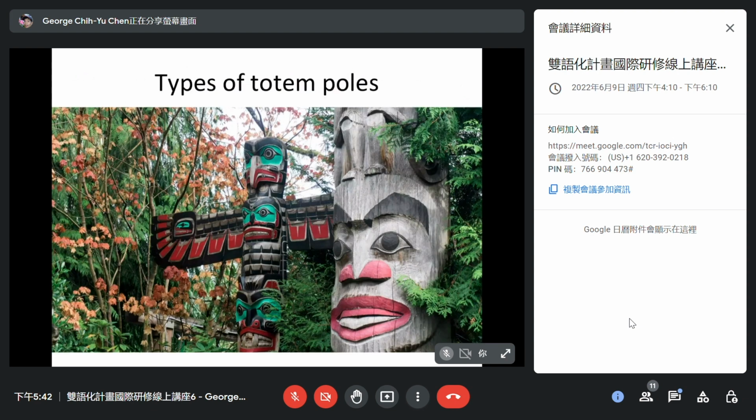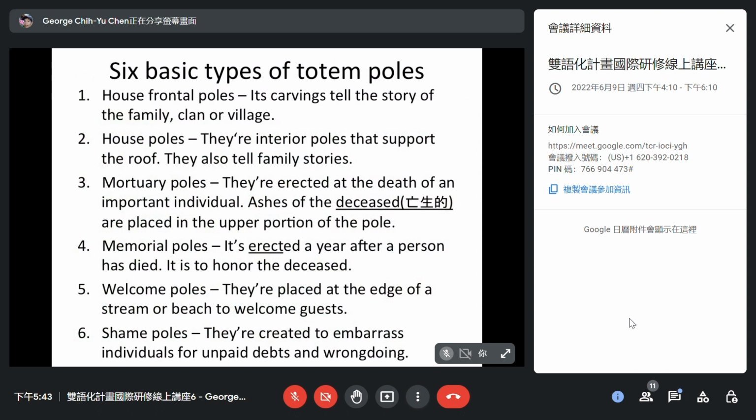Next, we'll see types of totem poles. This picture gives you a close-up look of the totem poles, and you can see different animals incorporated in the design. In the following slides, I will tell you about the 6 basic types of totem poles.